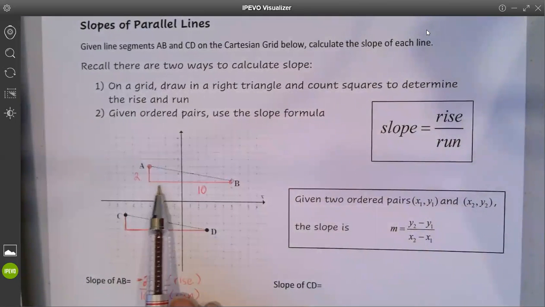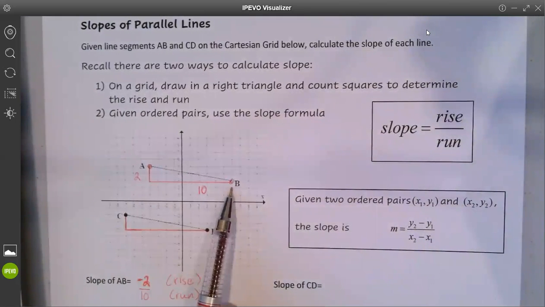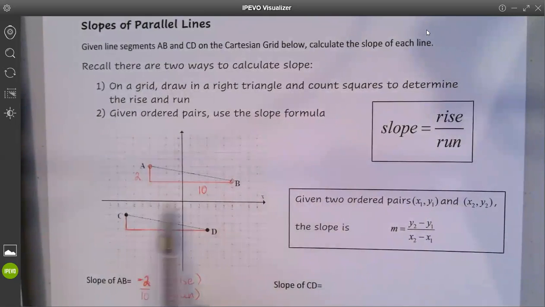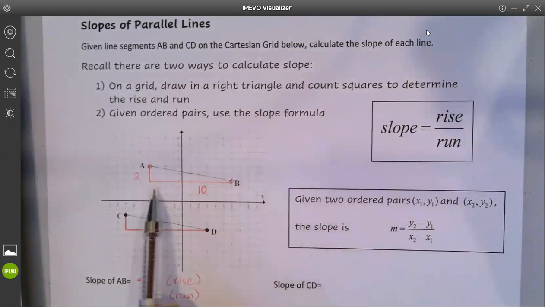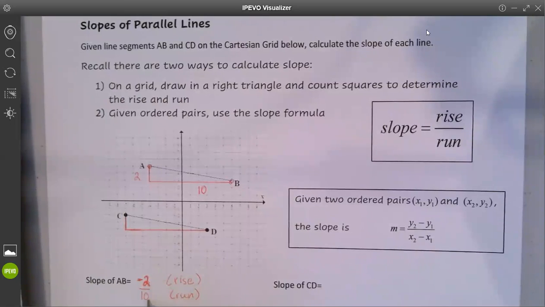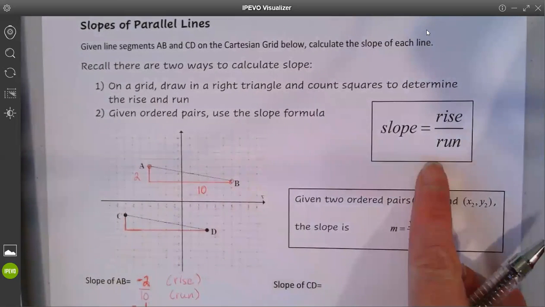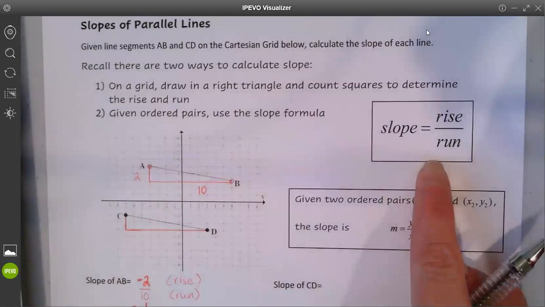Then I count over the squares forward till I get to vertex B, or to the ordered pair B. And I count 10 squares. And I went forward, so my run is positive. So my slope is -2 over 10, which reduces to -1 over 5. Now that's using the formula rise over run.